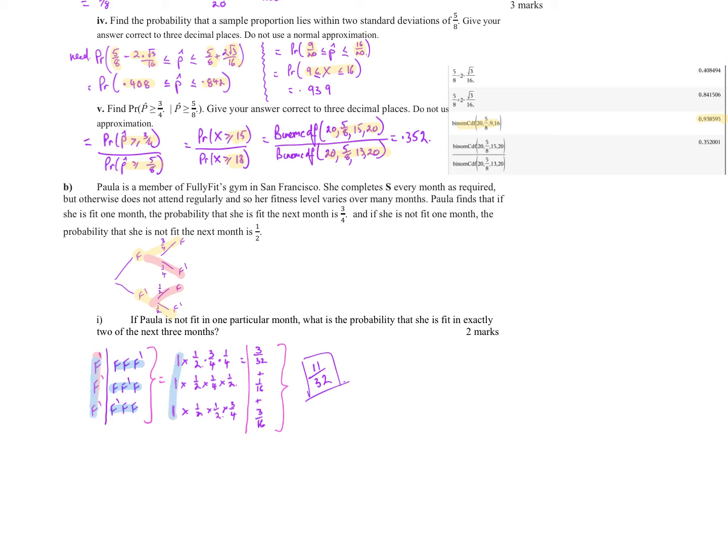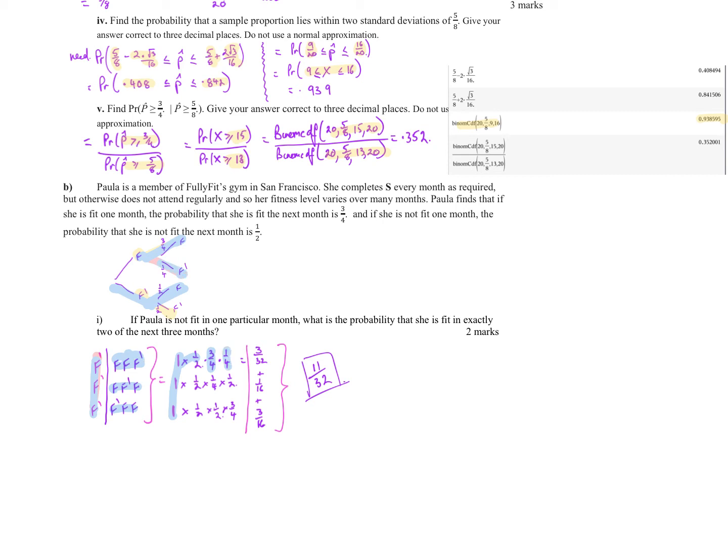Okay, so let's have a look at the first one. If I go from not fit to fit, that's a half, which is that blue line that I've just done. And then from fit to fit is 3/4. And then I go from fit to not fit, which is 1/4.